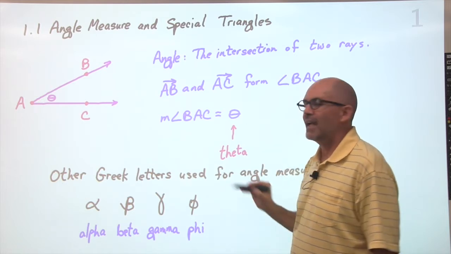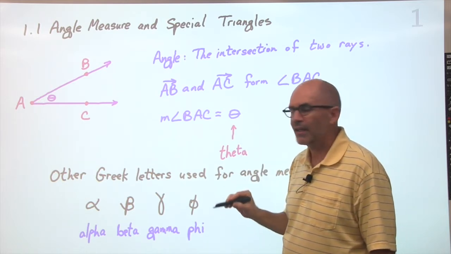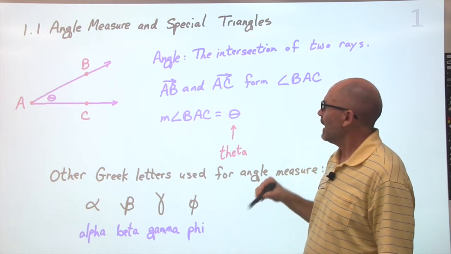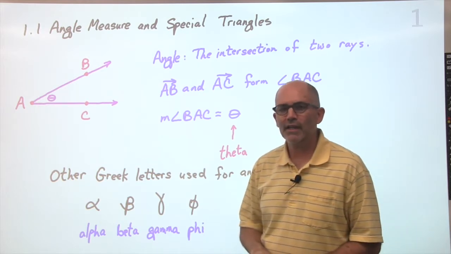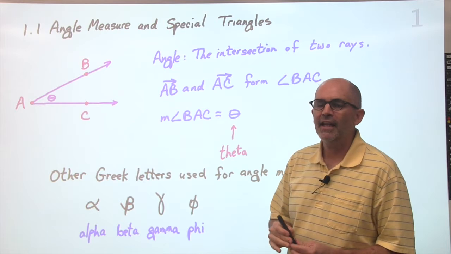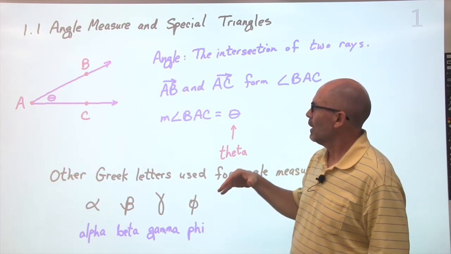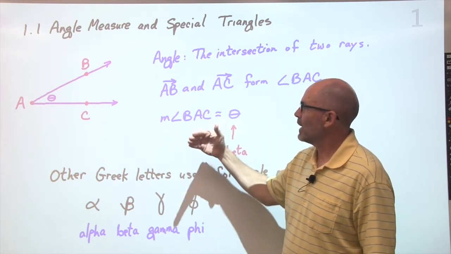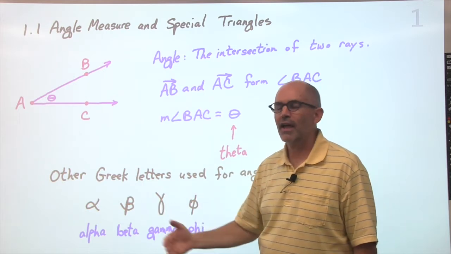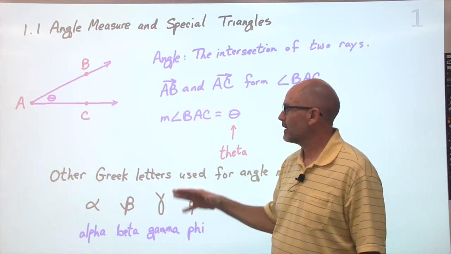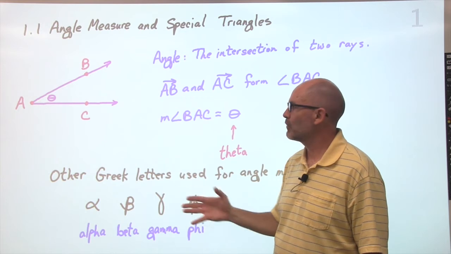Now, theta is a lowercase Greek letter, and in trigonometry we use a lot of Greek letters because the Greeks were really credited for coming up with a lot of the properties, theorems, postulates of trigonometry.